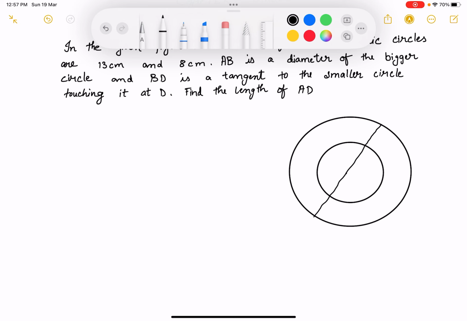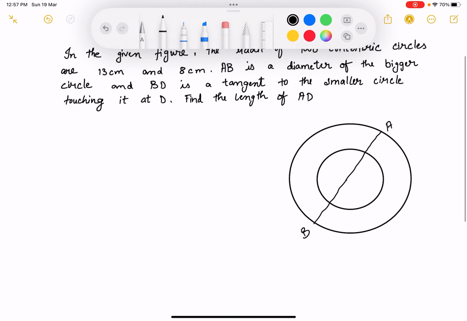So this is AB. AB is the diameter of the bigger circle and BD is a tangent to the smaller circle touching it at D. From here we'll draw a tangent to the smaller circle touching it at D. Find the length AD. This length we have to find. AD.